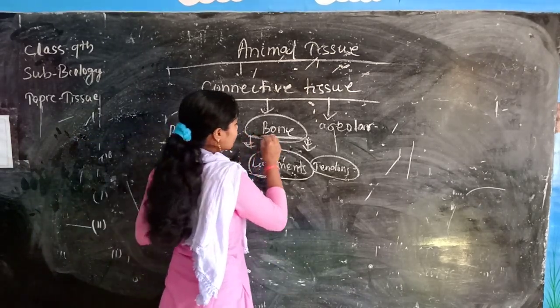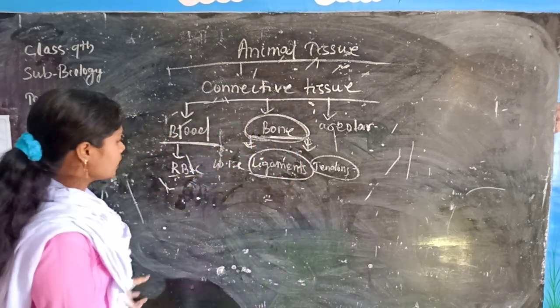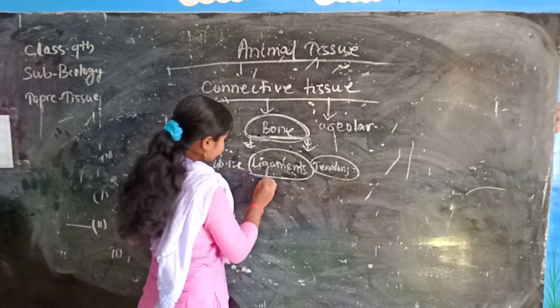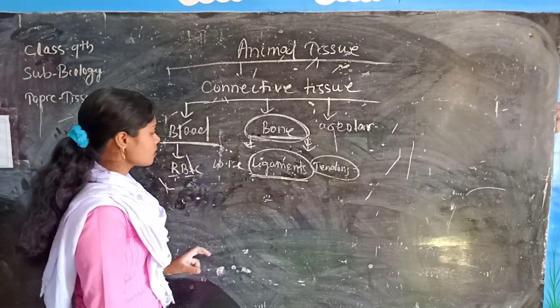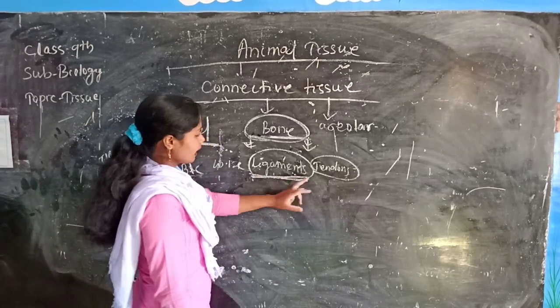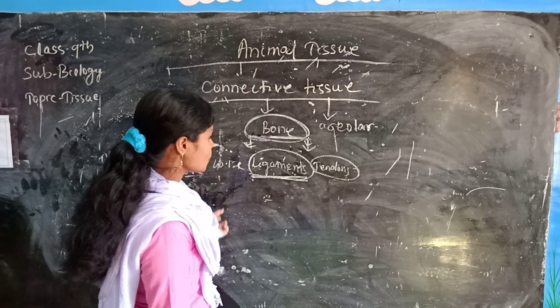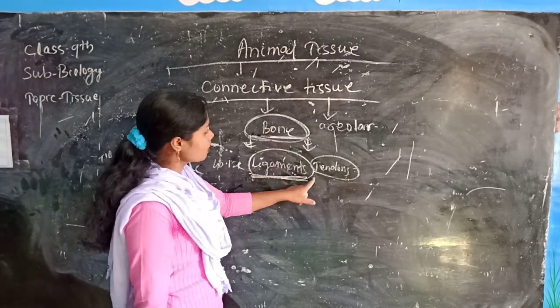Bones are non-flexible. It cannot bend, but at the place of ligaments, where two bones are joined, the bones can bend, and tendons join the muscles too. It is present in between the bone and muscles.